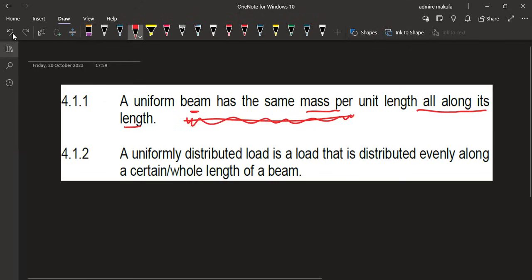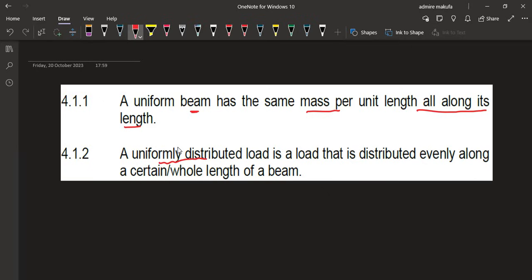Whereas a uniformly distributed load is considered for a certain section of the length, or for a particular length of the beam that you're given, or it can be taken along the whole length of the beam. So this is a load that is distributed evenly along a certain or whole length of a beam. These are the differences between the two.